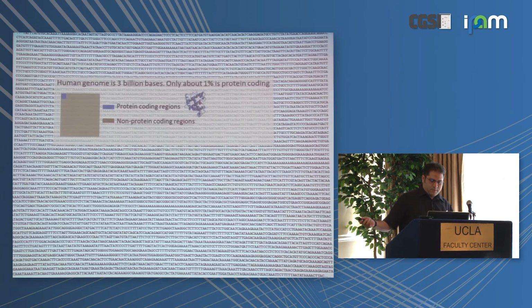So this is a small portion of the human genome, and of the 3 billion bases of the human genome, only about 1% is protein coding, and the vast majority is non-protein coding regions.